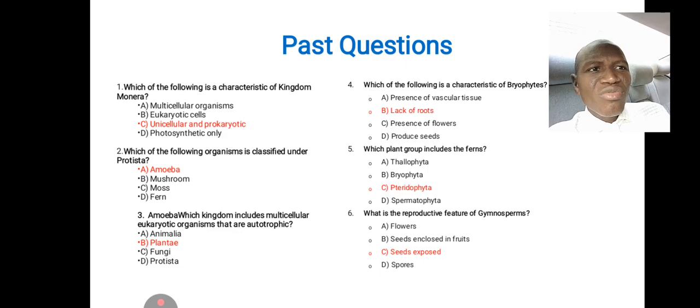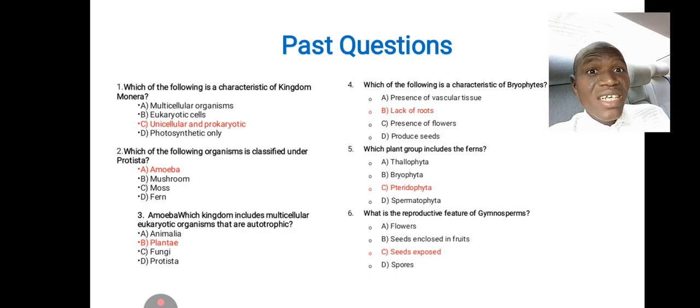All right, question 2 says, which of the following organisms is classified under Protista? Do you see what I was telling you? They can just give you an organism and say, where is it classified? Under Protista, we say they are eukaryotes, that is, they have a well-defined nucleus.